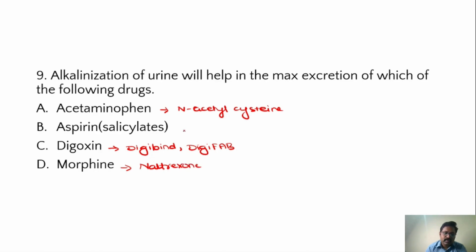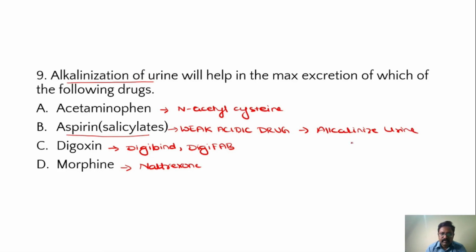naltrexone. For salicylates or aspirin, alkalinization of urine is done because it is a weak acidic drug. When we alkalinize the urine, these weak acidic drugs will be converted into ionized forms.